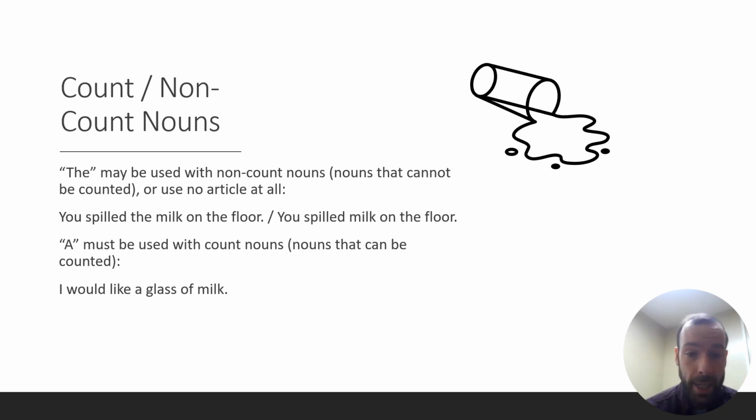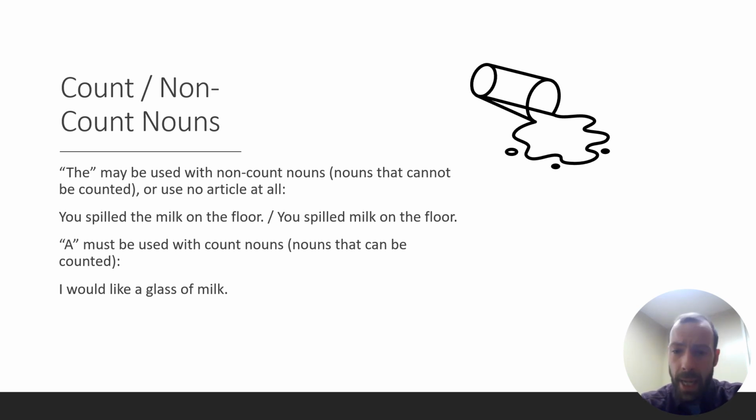The article a must be used with count nouns, nouns that can be counted. I would like a glass of milk. Now, while milk cannot be counted, glasses of milk can. We can have one glass of milk, two glasses of milk, and so on. So we put the article a in front of the word glass. I would like a glass of milk.